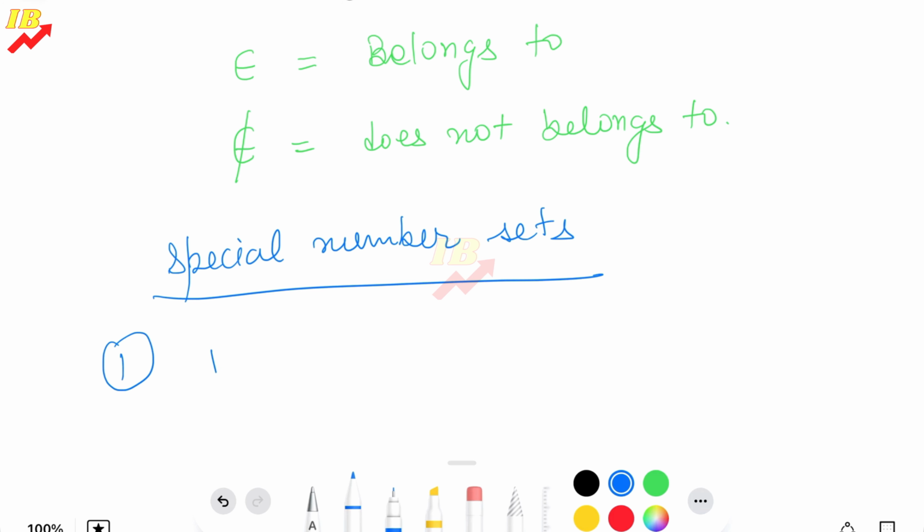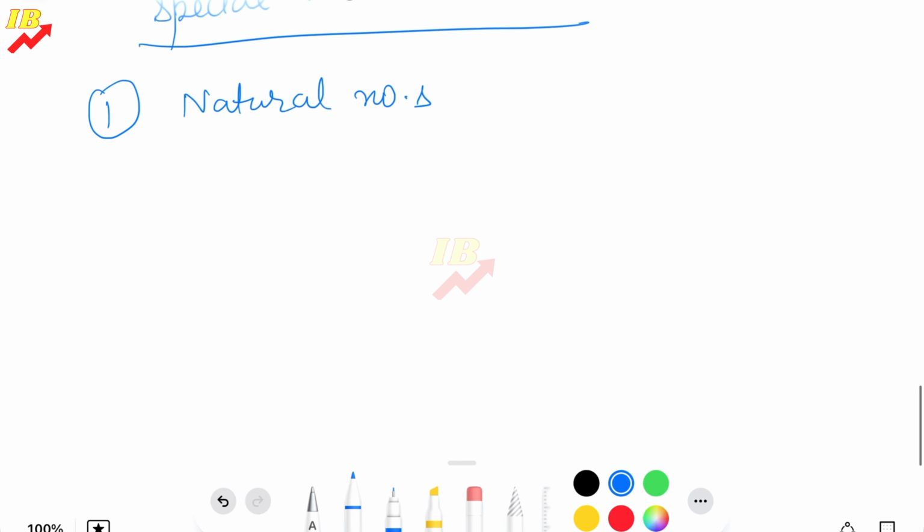So let's take some more special number sets. First one is about natural numbers. If I say natural numbers, the notation in set theory is N. N basically starts from 0, and they are also uncountable numbers, right?